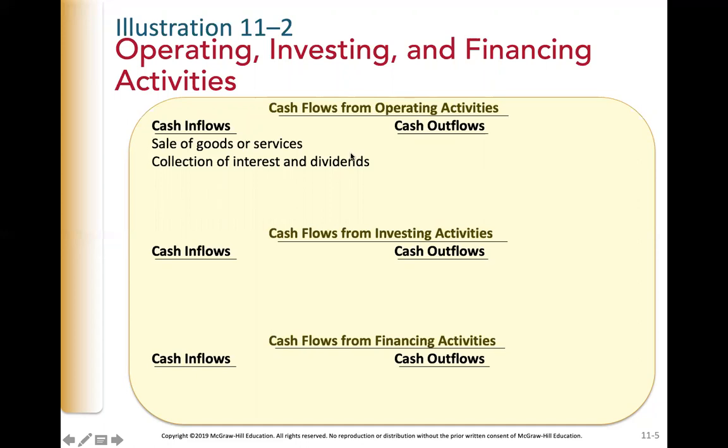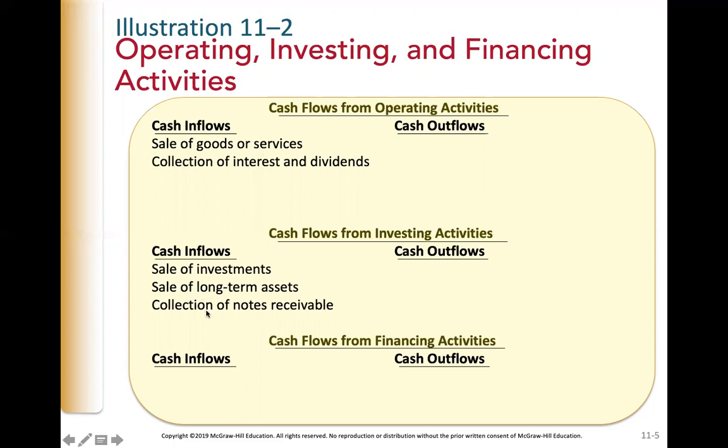Examples of cash inflows, cash coming into the company, is the sale of goods or services and the collection of interest and dividends. Cash inflows from investing activities include sale of any investments that you have in other companies, sale of your long-term assets, and any collection of a note receivable, which is also a long-term asset.